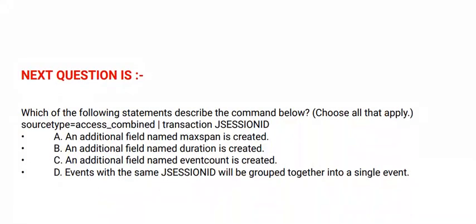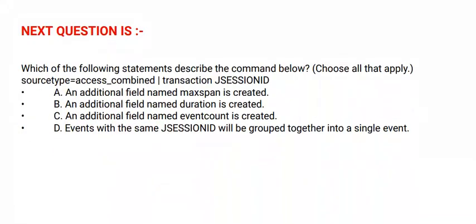Next question is, which of the following statements describe the command below? sourcetype=access_combined | transaction JSESSIONID. Option A, an additional field named maxspan is created.